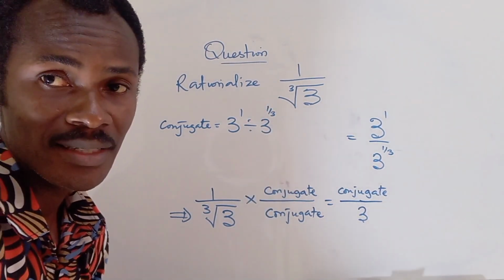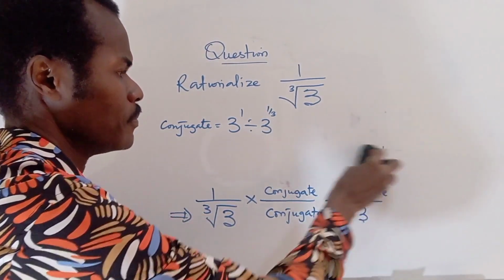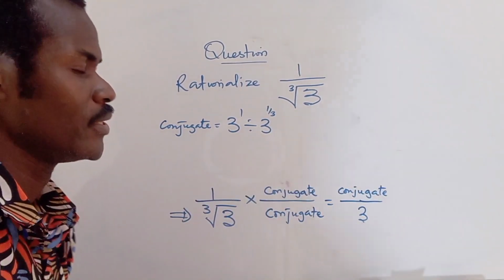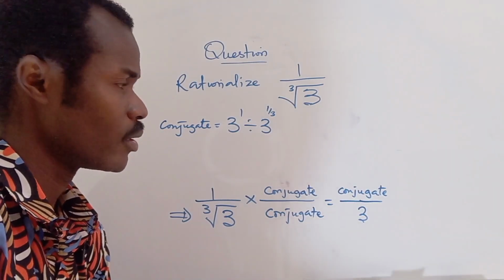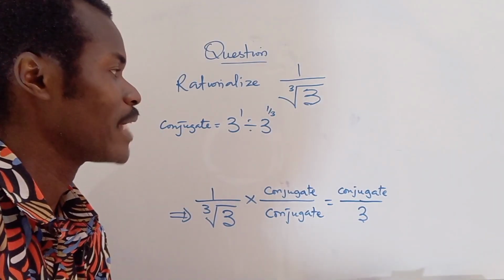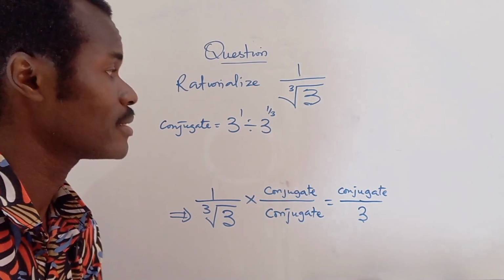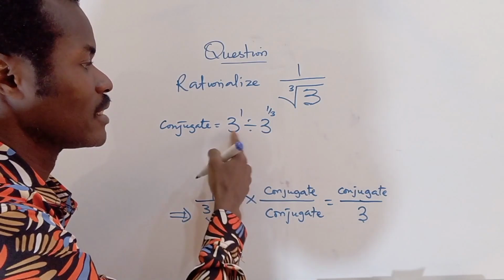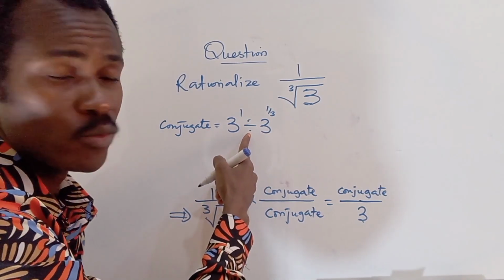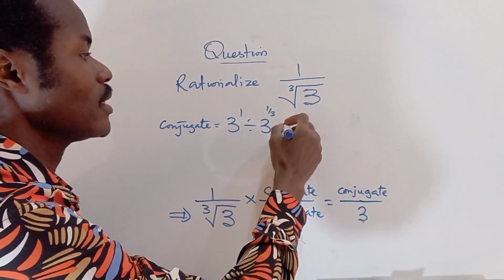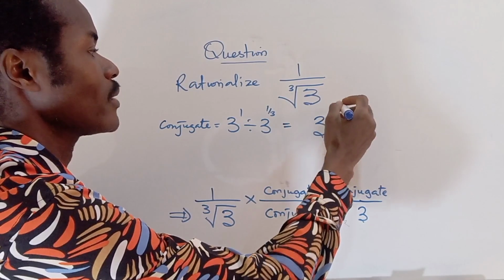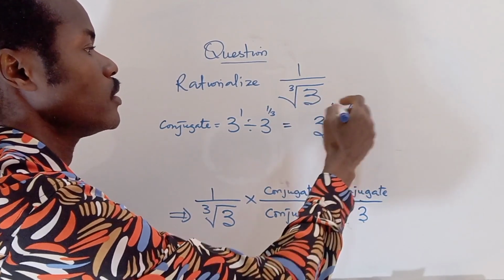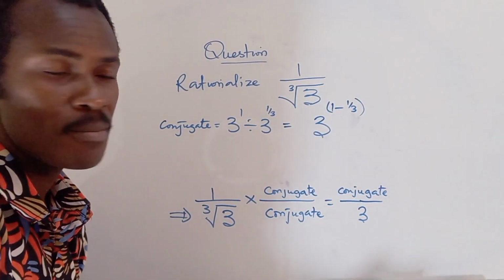Now, if you look at this, you can observe something where you can apply the law of indices. And what law of indices can we apply? We can apply the division law of indices, such that if we have the same base and we are dividing, we can subtract the powers. So we have 1 minus 1/3.